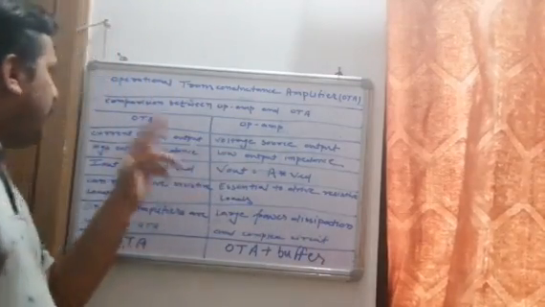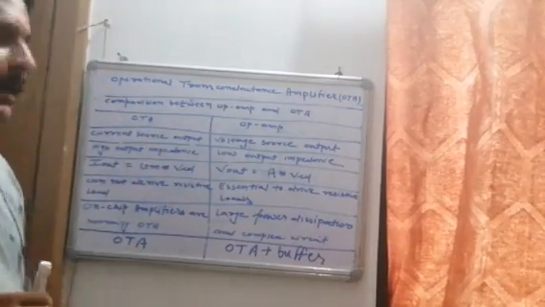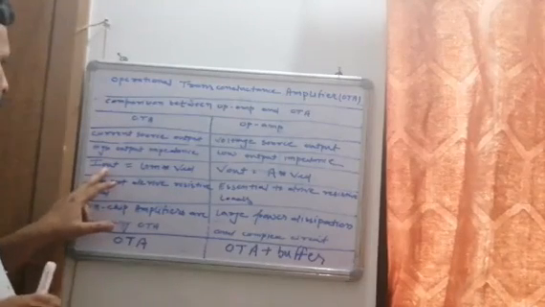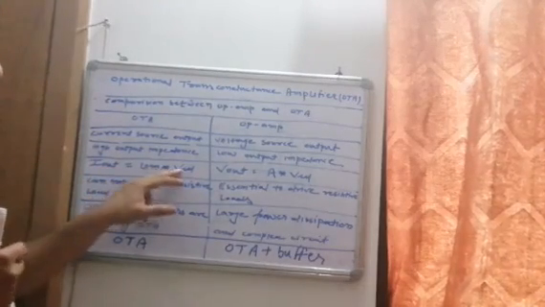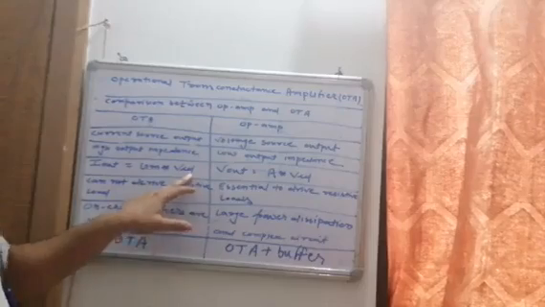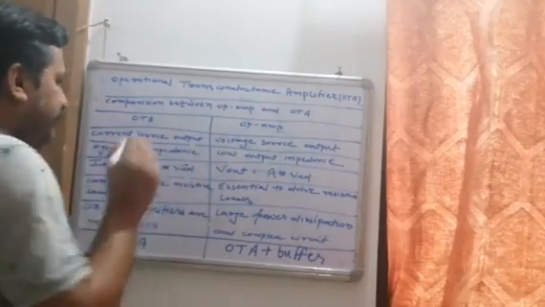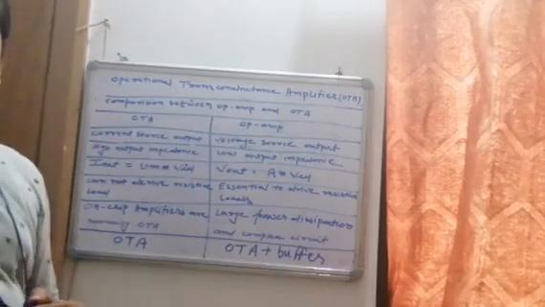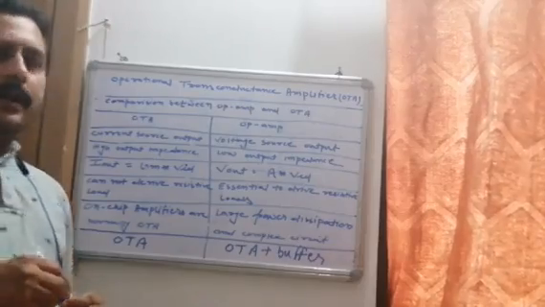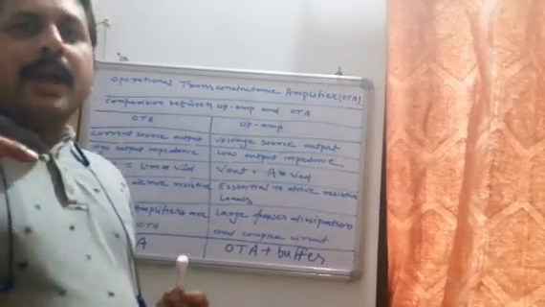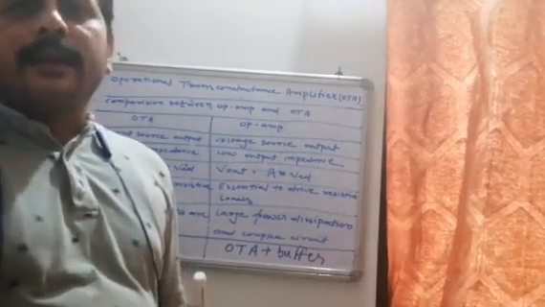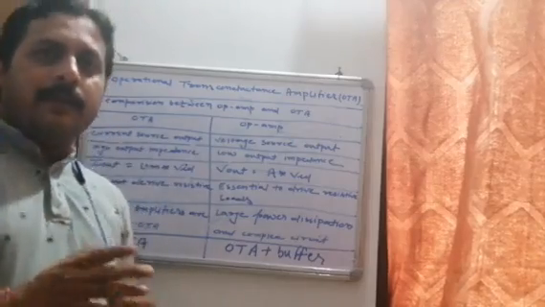We get high output impedance in case of OTA, and output current is equal to gm multiplied by the difference of input voltage VID, where gm is the transconductance. We describe OTA in form of transconductance. What is the meaning of transconductance?